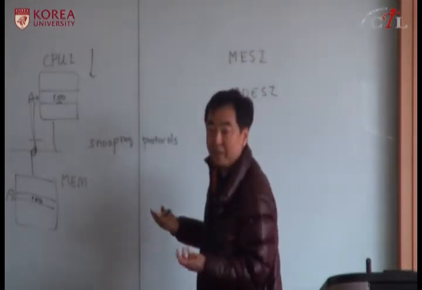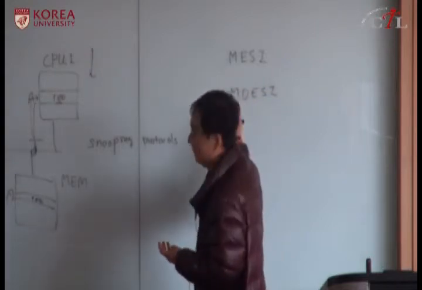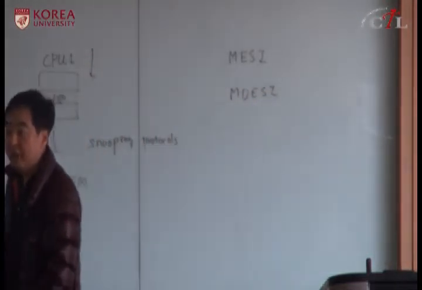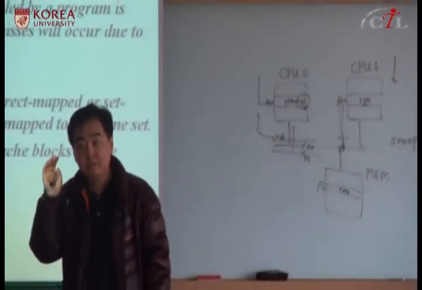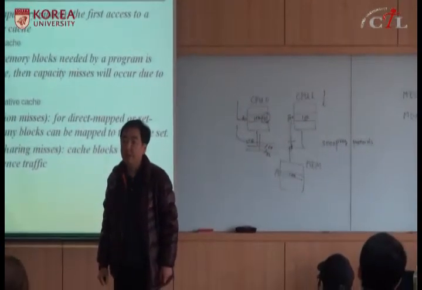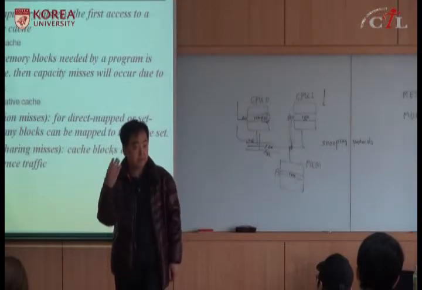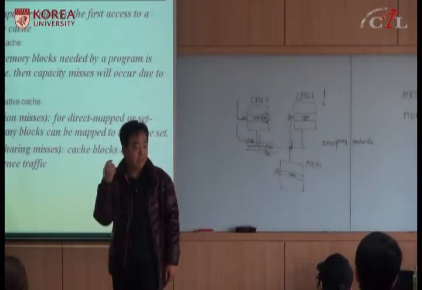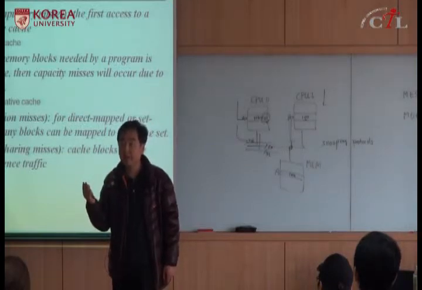So many protocols have been proposed to maintain this cache coherence, and this is almost standardized. So every processor has this coherence engine. They look at the bus, snoop the bus. Every time they have a write transaction, they have to get the address, and they have to search the tag array, right? And they have to find a matching entry. If there is a match, you have to invalidate.